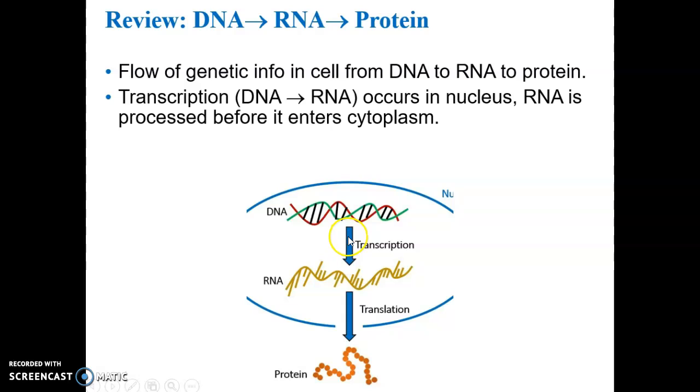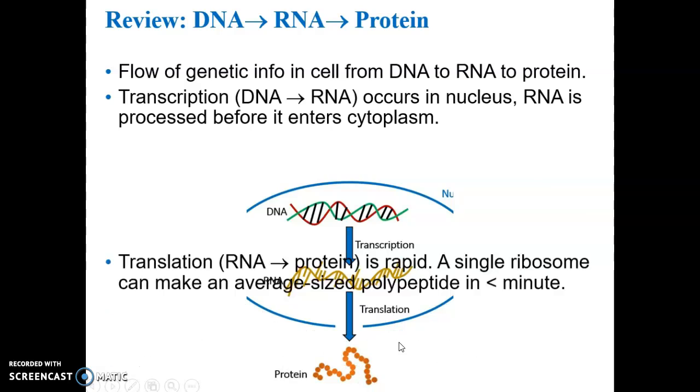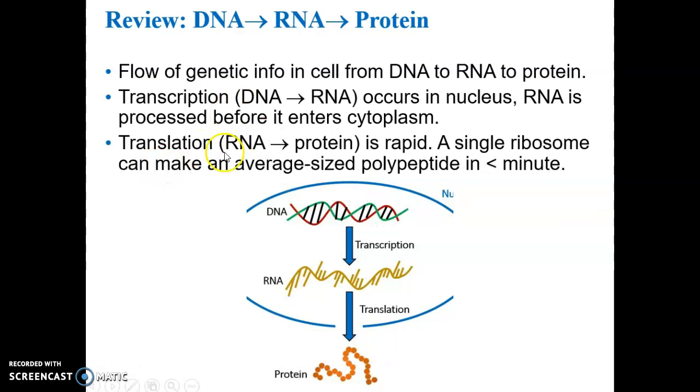So in transcription, a section of the DNA, the gene or allele, gets copied and becomes the RNA molecule. It gets processed, and then the mRNA molecule leaves the nucleus, going out into the cytoplasm, where translation occurs.